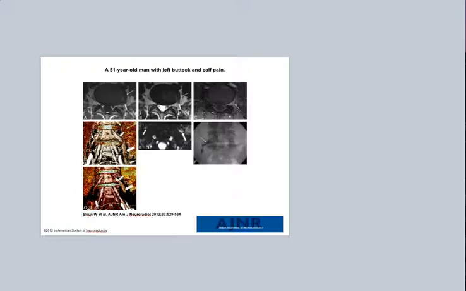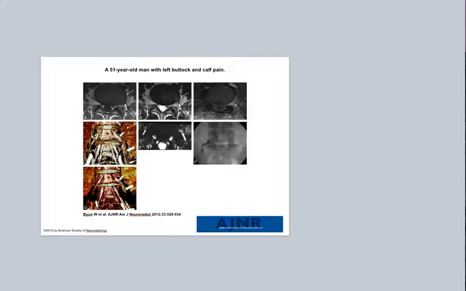Alternatively, a peripheral circumferential annular tear may become sufficiently detached from the outer annulus, and it develops into a sort of bucket handle tear, and this subsequently fragments and detaches, coming to lie free within the central nuclear region. So the central nuclear region does have these annular gaps and the fragments of the annulus which have detached and come to lie inside the disc.